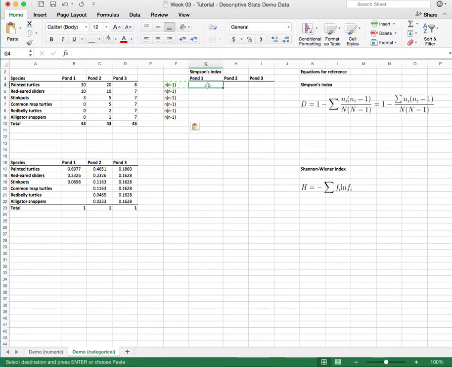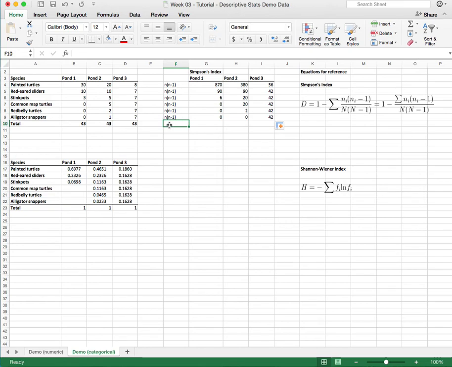But if we click in here, this is going to be equal to our raw counts over here, n times n minus 1. And that gives us 870, and we can copy this down all the way for each species and copy it to the right as well.